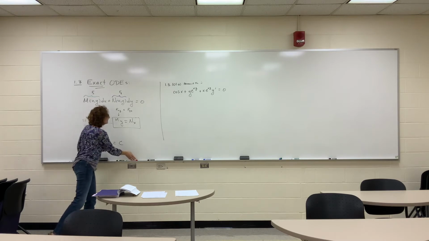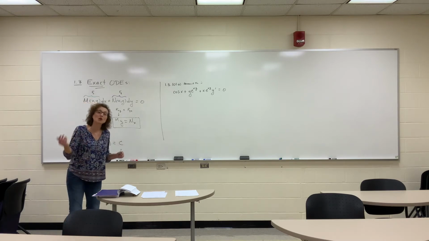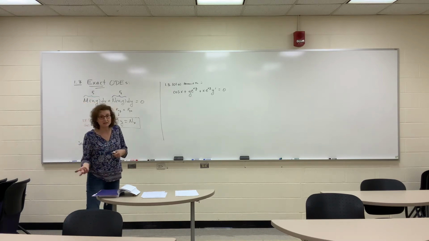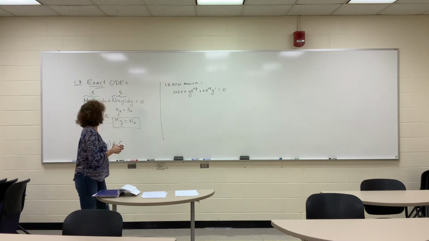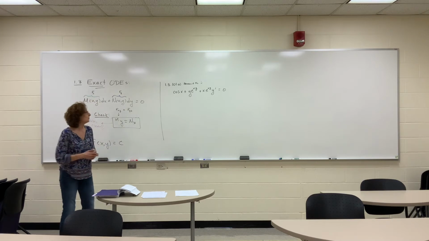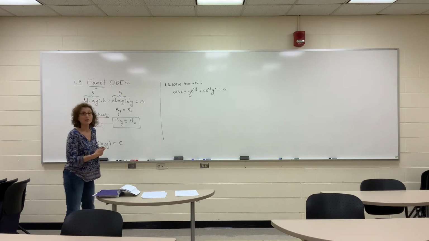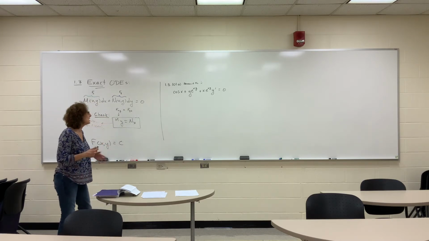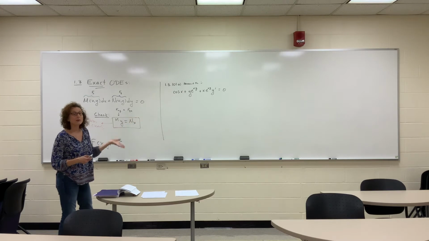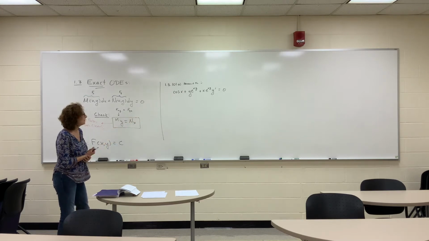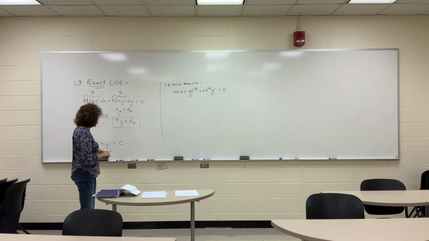You can create integrating factors that turn an equation that's not exact into an exact differential equation. Some of that is also in this section 1.8, but we're not going to do that piece. Feel free to read as much of that as you like. If it's almost exact, you could come up with an integrating factor, just like we did with linear, multiply your equation and then come up with something that is exact.